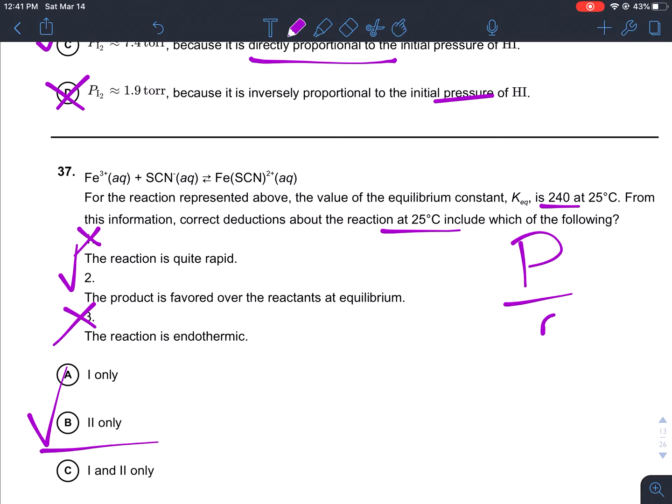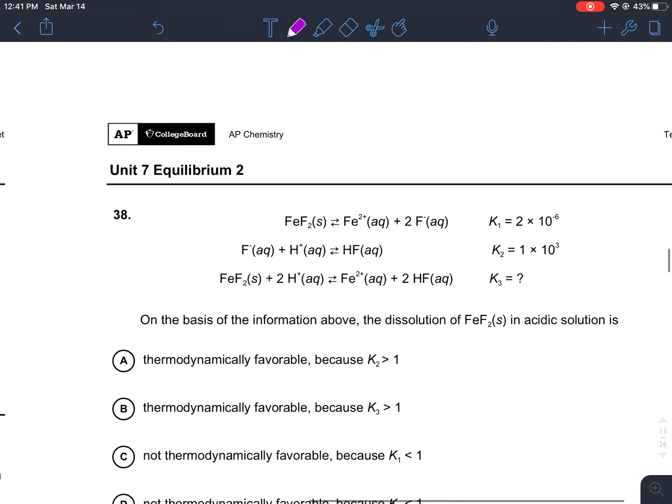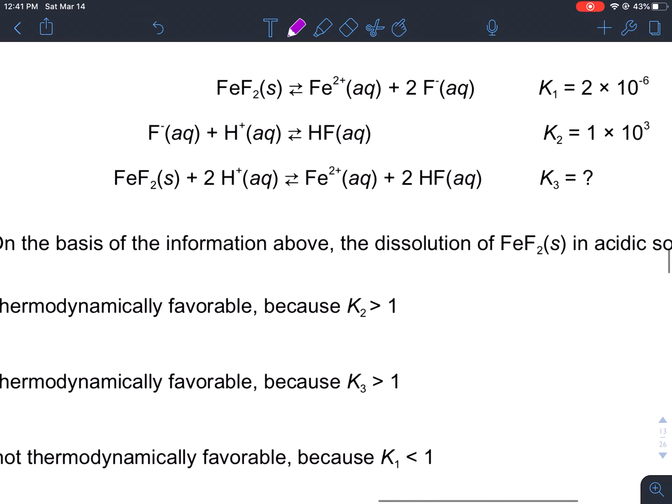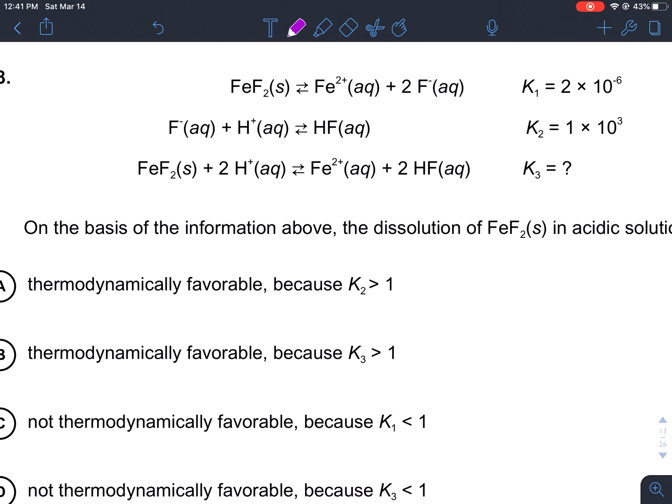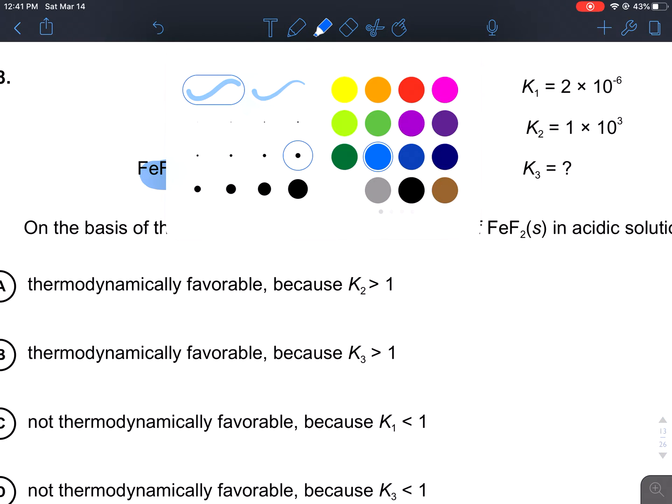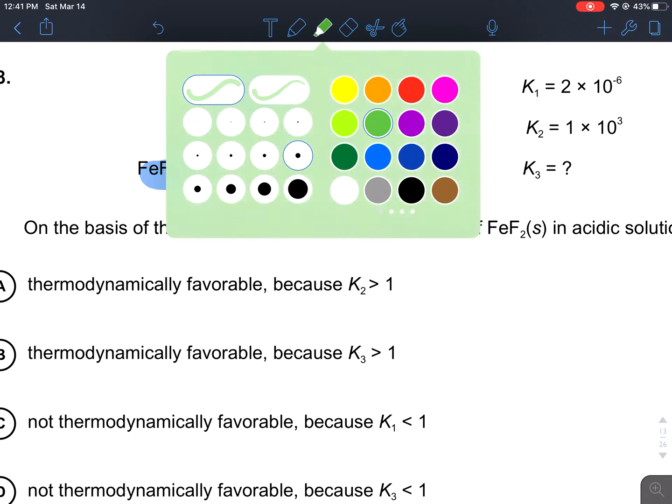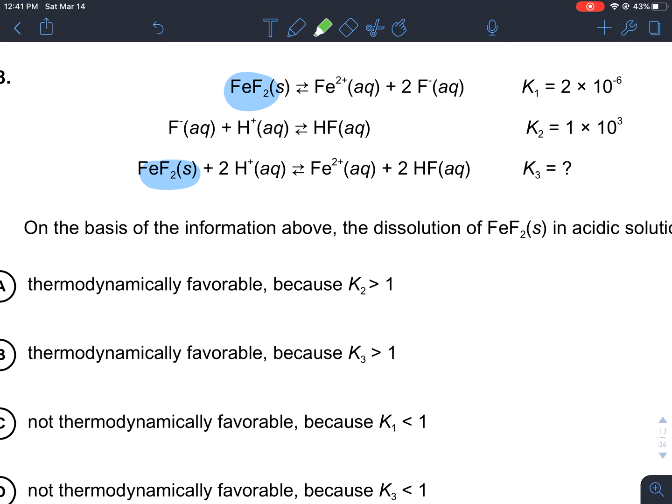38. Okay, now you've got a more interesting kind of Hess's law situation going on here. You have this Fe2 plus on the other side, Fe2 plus on the other side.